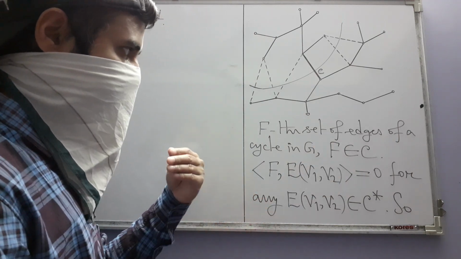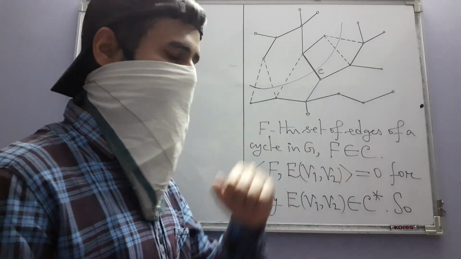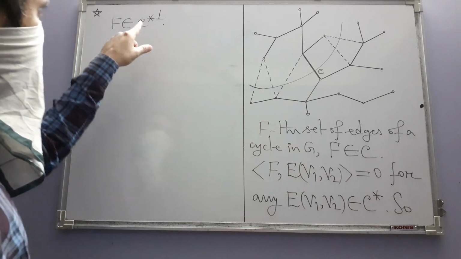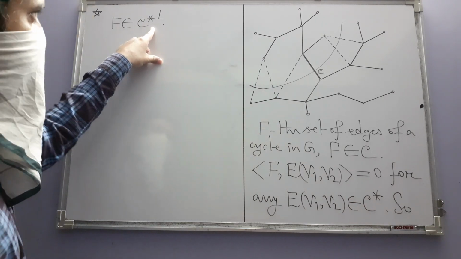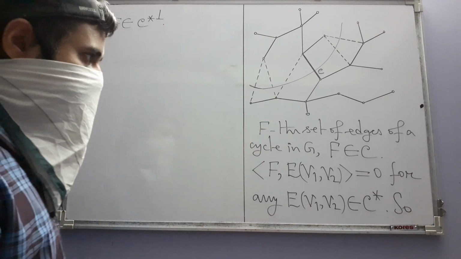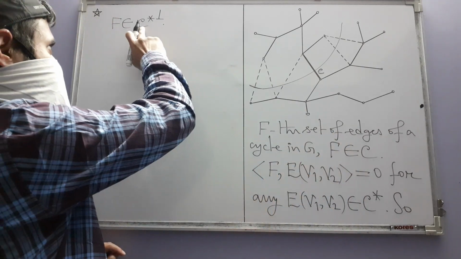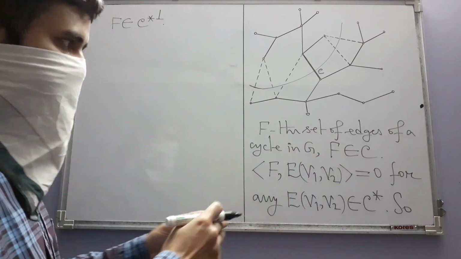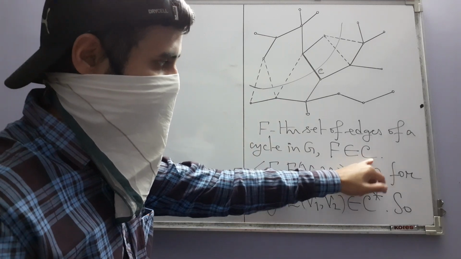So F is an arbitrary vector from the spanning set of the cycle space, and all of them now belong to this subspace, the orthogonal complement of C star, which is a subspace of the edge space of the graph. So that's it. If all the vectors in a spanning set belong to a subspace, then the subspace they span will be contained in this subspace, and the subspace they span is C.